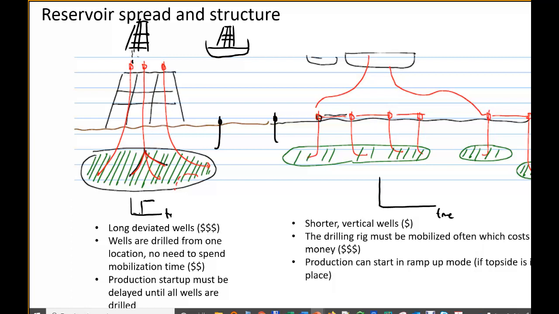Here we should put time and then Q rate. Okay, you see that when wells are entering into production, you have this nice ramp up, which actually gives you oxygen. Okay, here if this time is too long, then the company is struggling because it doesn't get revenue yet, but here you start to get a stream of revenue.